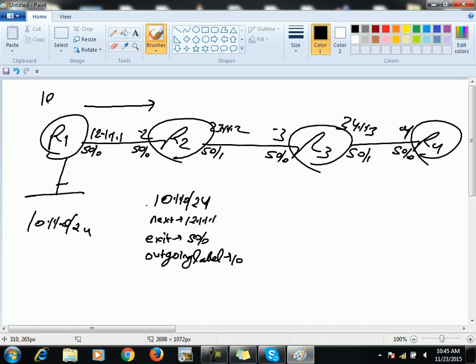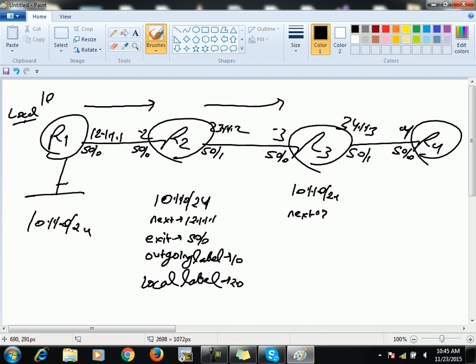Labels are locally significant, so R2 will generate its own label for this prefix. That will be known as the local label. For R1 its local label was 10. For R2 its local label is going to be, let's say, 20. Now R2 will give this information to R3, that if you want to reach 10.1.1.0/24, then your next hop is going to be 23.1.2, and exit interface is going to be serial 0/0.